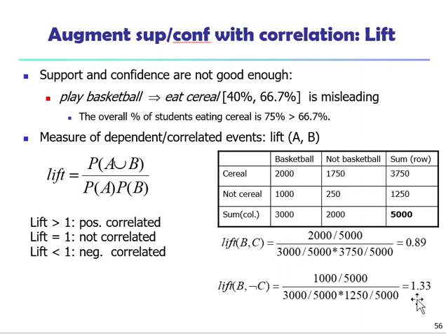Okay. I also want to mention that although we have used association rule mining mostly in shopping cart analysis, it can be used outside of the shopping cart. So in this example, we actually studied the events of eating cereal and playing basketball.